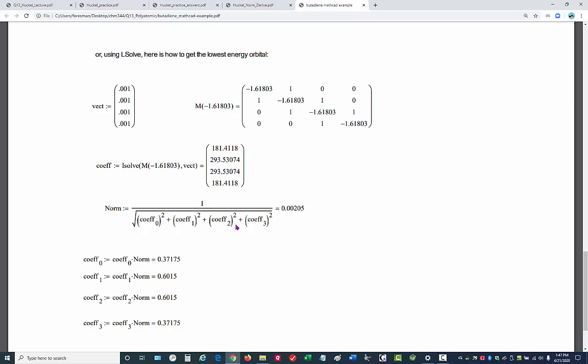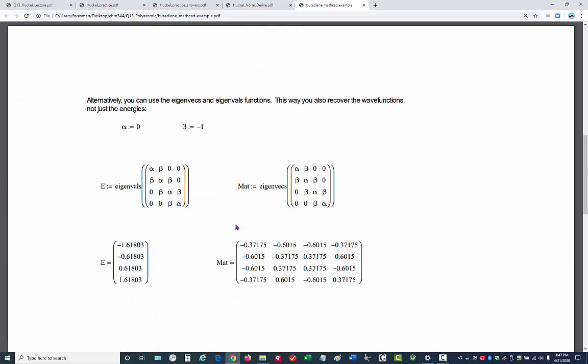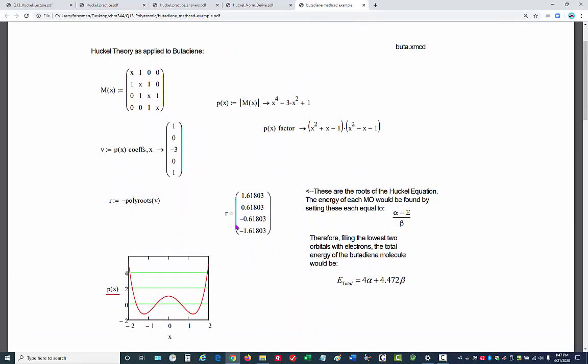In this way, you'll have to use MathCAD to solve it and report out what the total energy is. So you'll want to study this, make sure that you can follow how we've done this solution to this problem in MathCAD, because there'll be one question on the exam that's like that.